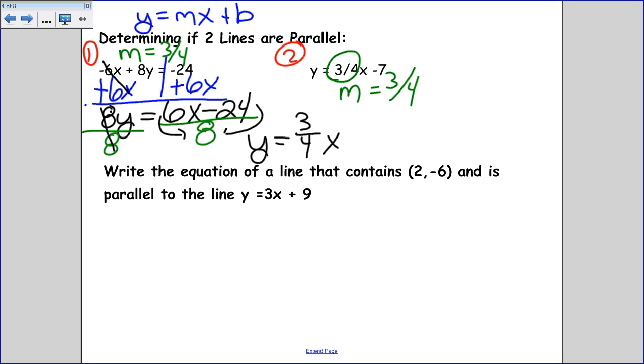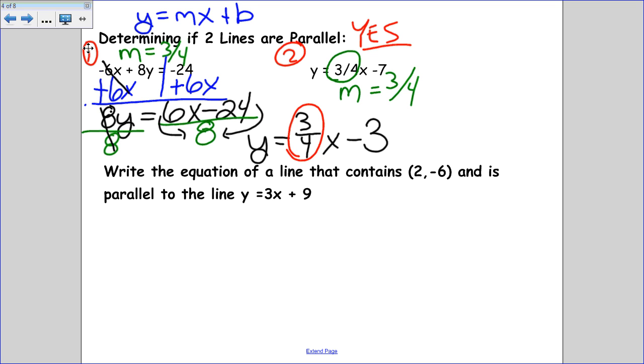And then what's negative 24 divided by 8? Good, negative 3. So 3/4 x minus 3. Did we get a slope of 3/4? We sure did. So these lines are parallel because parallel lines have the same slope.